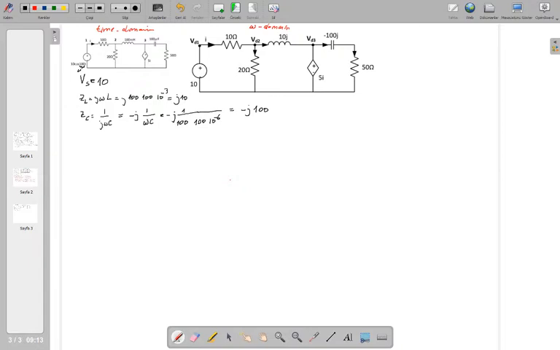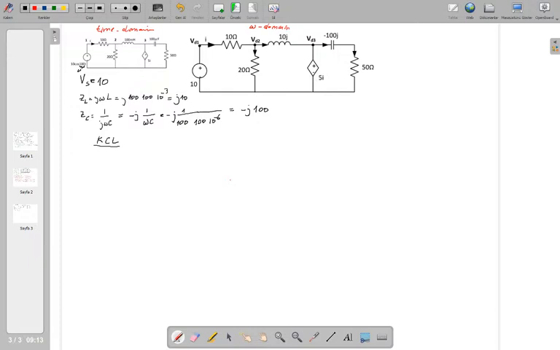Now what we're going to do next, we are going to write node voltage equations. We are going to start with the Kirchhoff current law equations. Kirchhoff current law equations are going to be written for all the nodes.